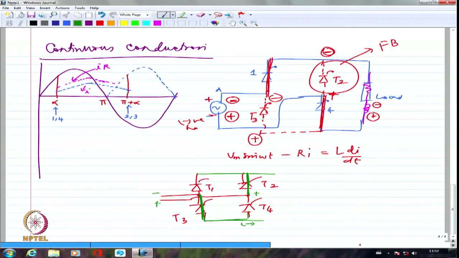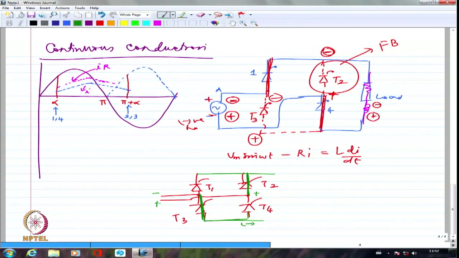The moment the voltage reverses, it is ready for being turned off. But I chose the moment when I turn on the other two devices because of which they went off. But I didn't do anything further. I didn't deliberately apply a negative voltage. By turning it on, automatically the negative voltage comes across the device. So I don't have to do anything special. So it is natural commutation or line commutation.